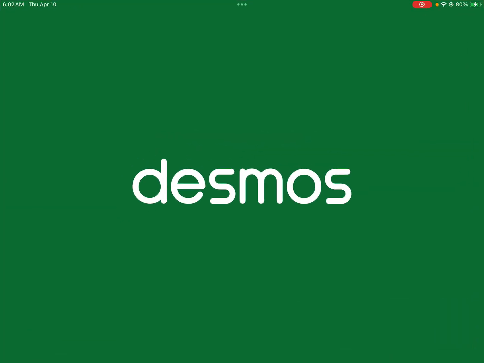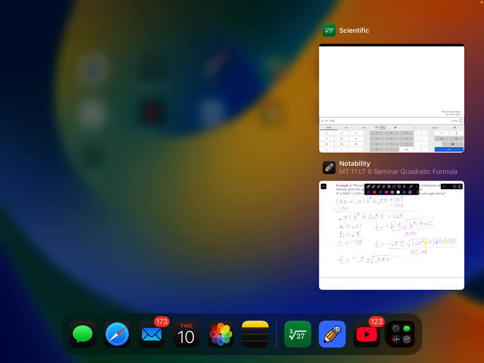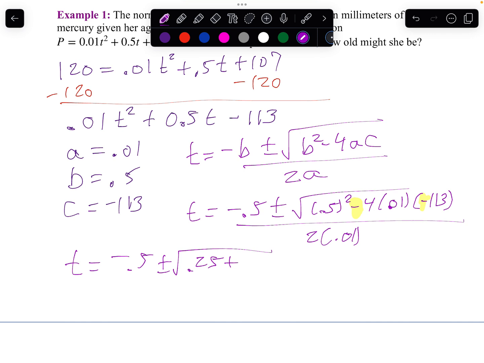We're going to take 4 times 0.01 times 113. So I get 4.52. So plus 4.52. And I'll divide that by 0.02. Notice the whole thing is divided by 0.02 when you do this.